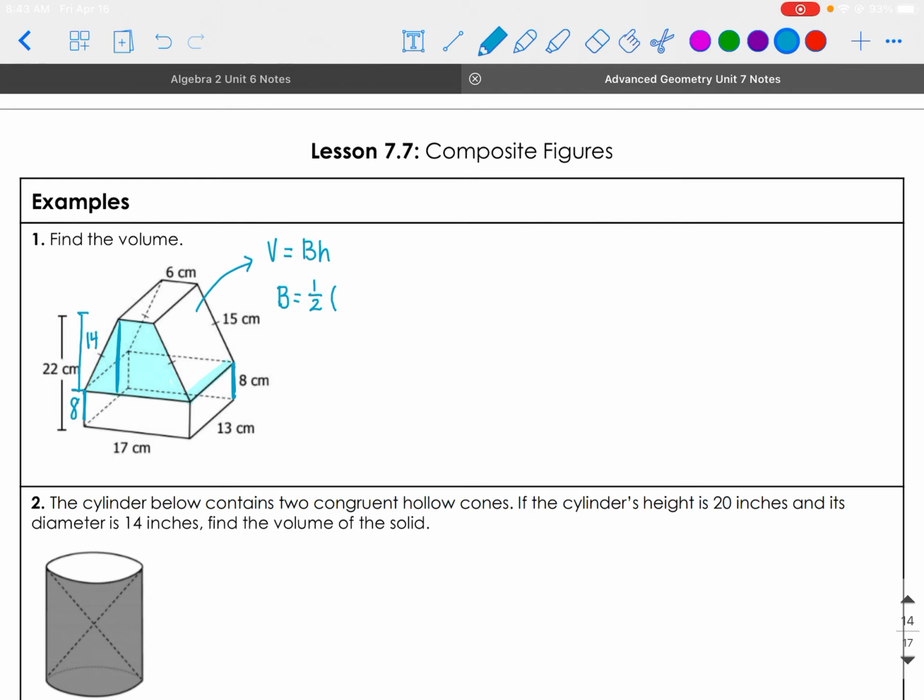So 8 and 14 give me that 22. And then, in parentheses, I add these two bases. So 17 plus 6. And this is going to give me 161.